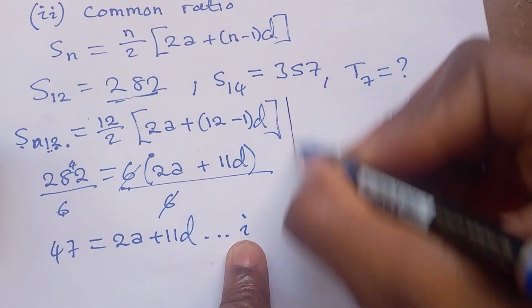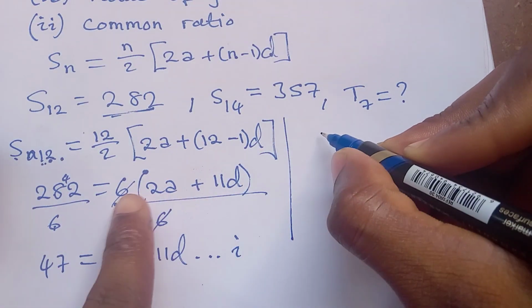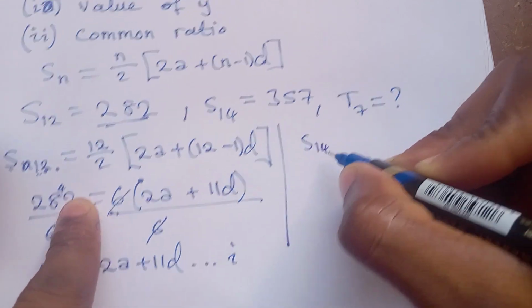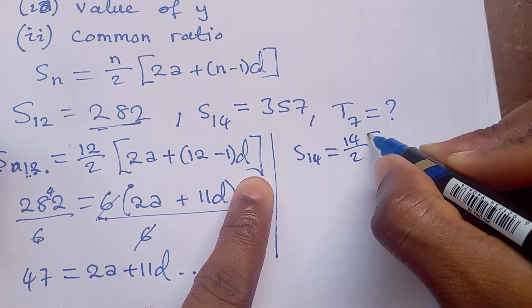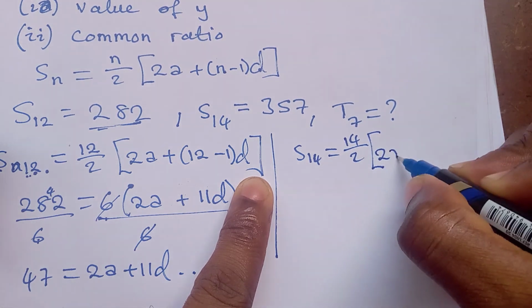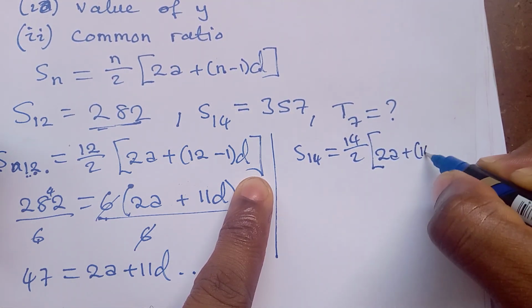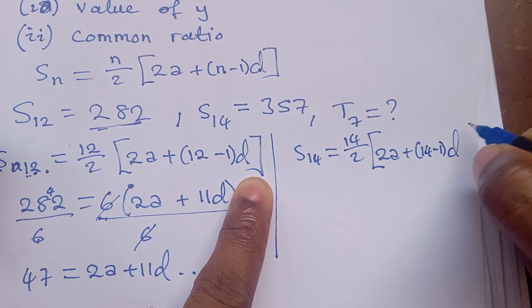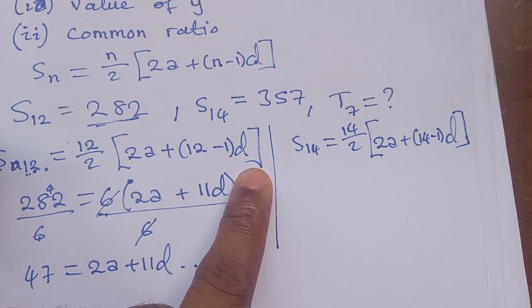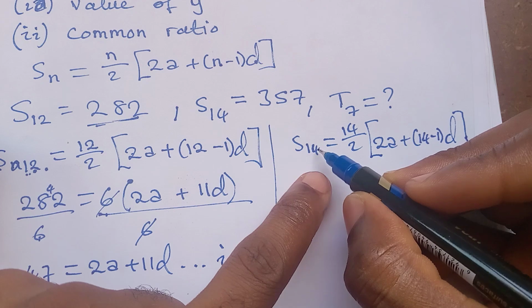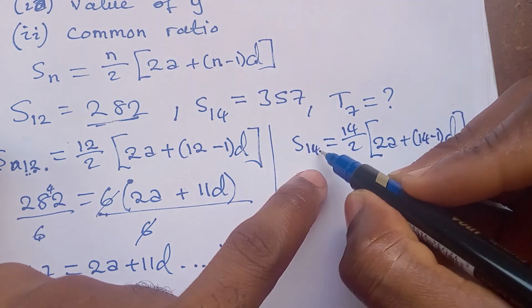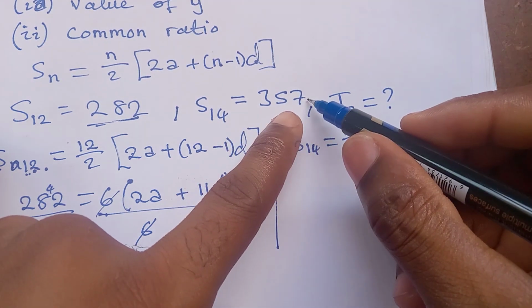using this, we can say the sum of the first 14 terms is given by 14 over 2, square brackets, 2a plus 14 minus 1 d, we close. And then again, we know that the sum of the first 14 terms, or S sub 14, is equal to 357.